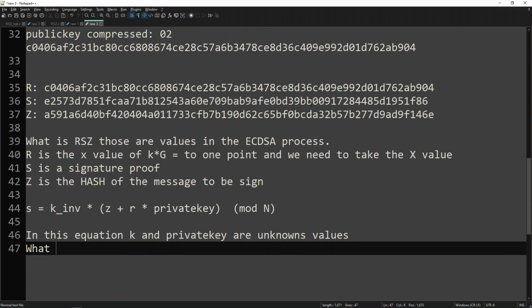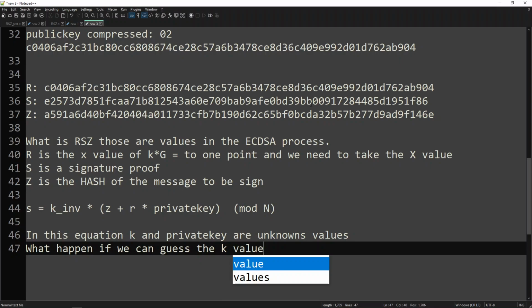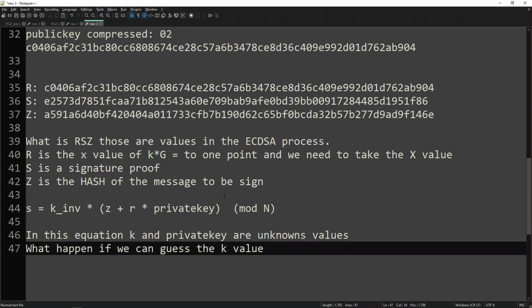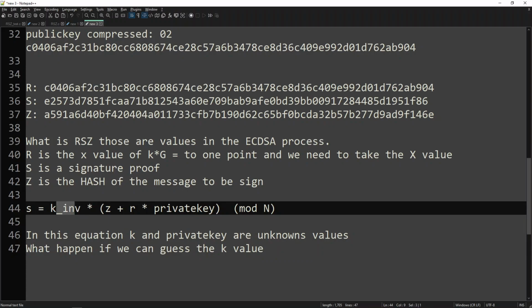What happens if we can tell the k value? If we can solve this k value, we also can rearrange these values to solve what the private key is. Right?